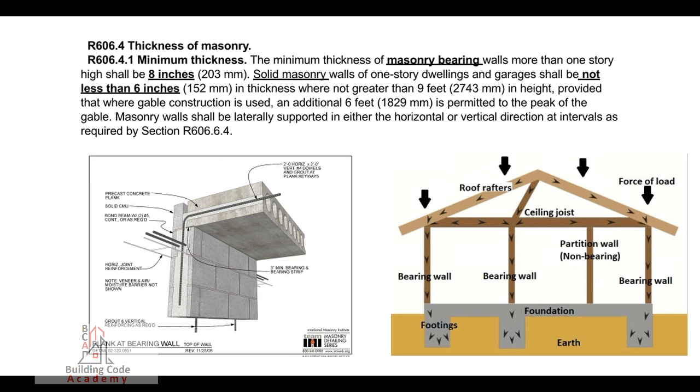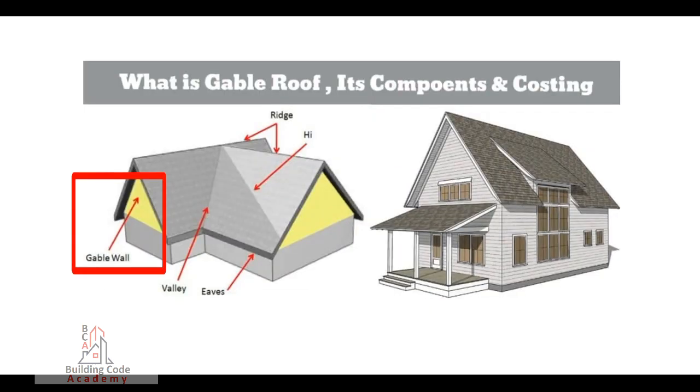R606.4.1 Minimum Thickness. The minimum thickness of masonry-bearing walls more than 1 story high shall be 8 inches, 203 millimeters. Solid masonry walls of 1-story dwellings and garages shall be not less than 6 inches, 152 millimeters in thickness, where not greater than 9 feet, 2,743 millimeters in height, provided that where gable construction is used, an additional 6 feet, 1,829 millimeters is permitted to the peak of the gable.